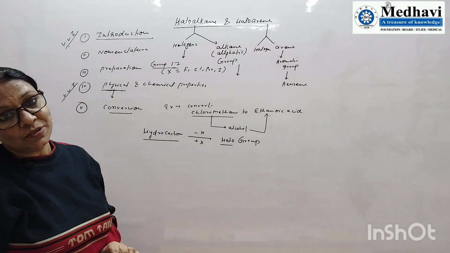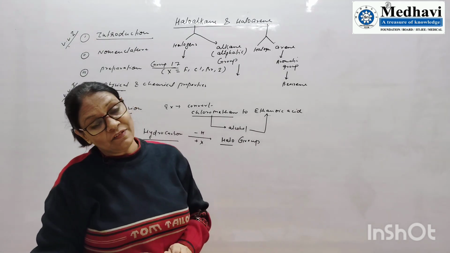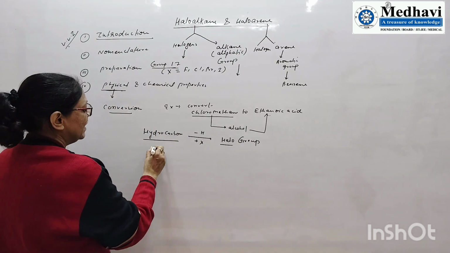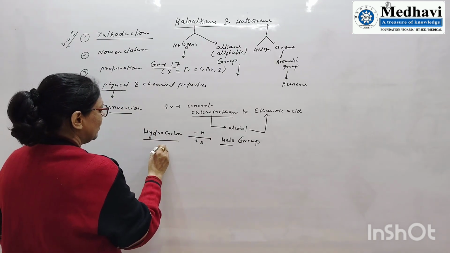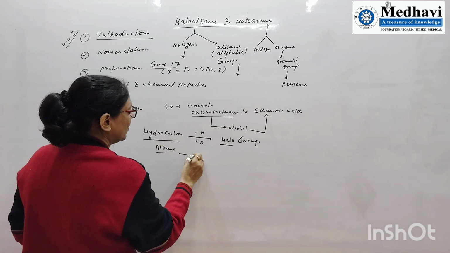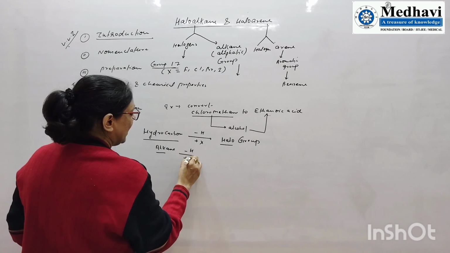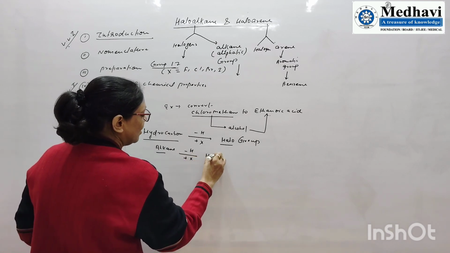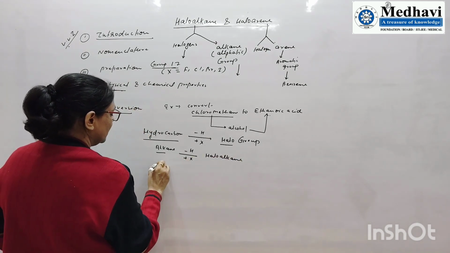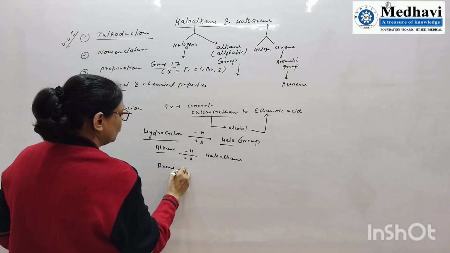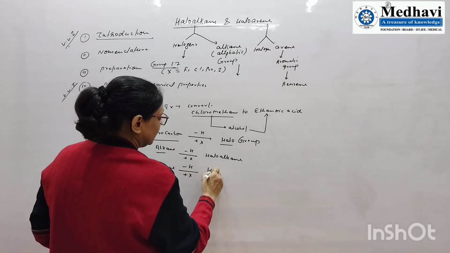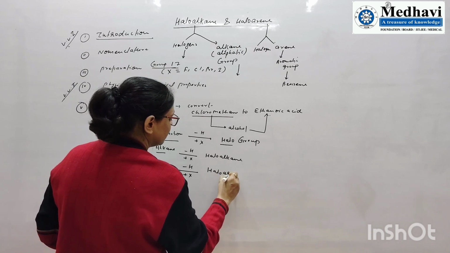Hydrocarbons are of two types: one is aliphatic and second is aromatic. So suppose you take an alkane. If you remove one hydrogen of the alkane and add a halogen group, then you get haloalkane. And if you remove one hydrogen of an arene and add a halogen group, then it is called haloarene.